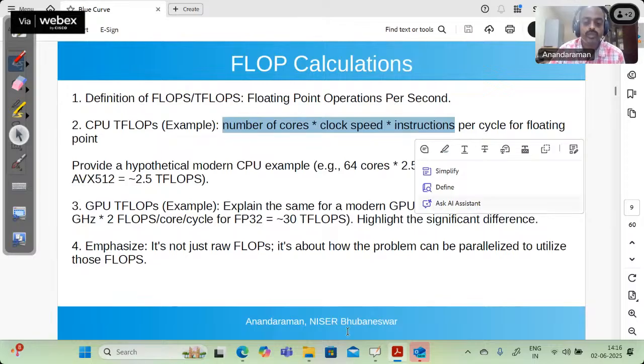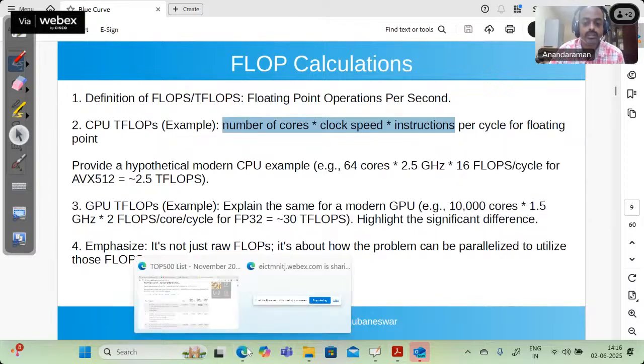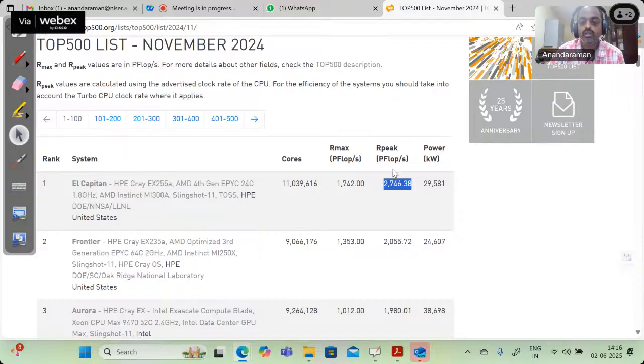With this calculation they get this many petaflops. But Rmax comes from a benchmark program called HPL, the High Performance Linpack benchmark. Linpack is nothing but the linear algebra package. By running that, you get this number, which is practical. So Rpeak is theoretical and Rmax is practical.